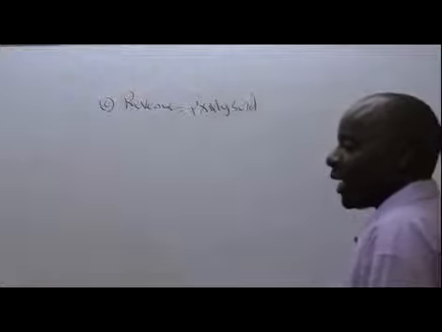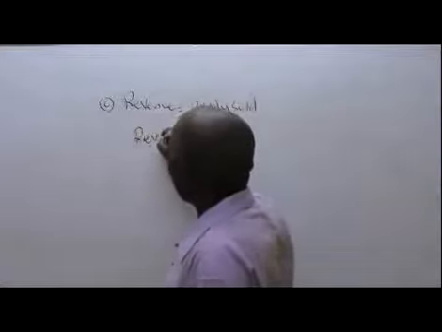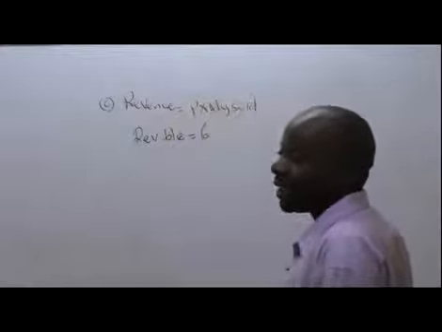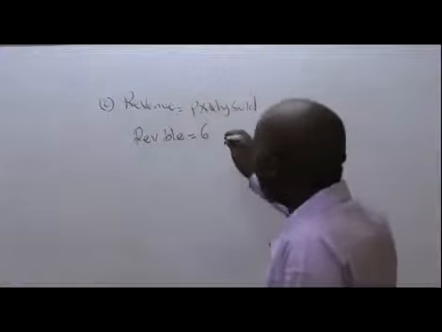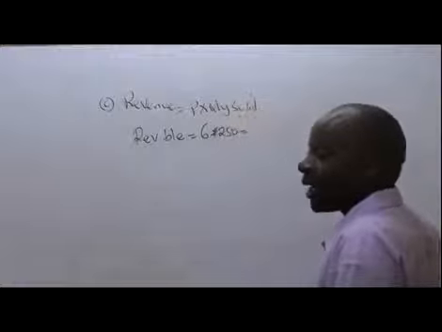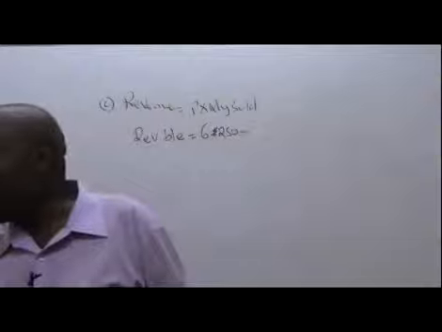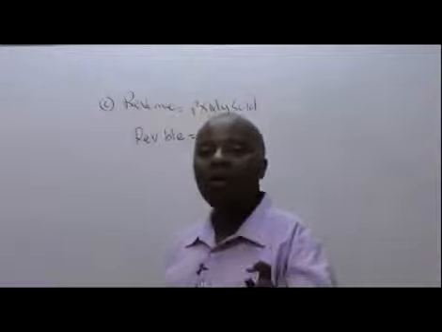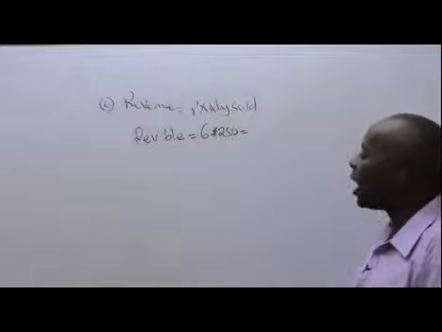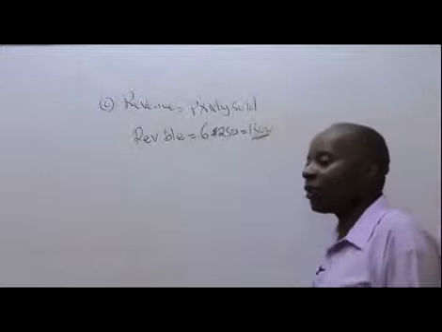So if they want us to give them revenue at break even, then I will take the selling price of 6 times the quantity to be sold for us to break even, which is 250. And that is how these great students of mine are able to get 1,500.